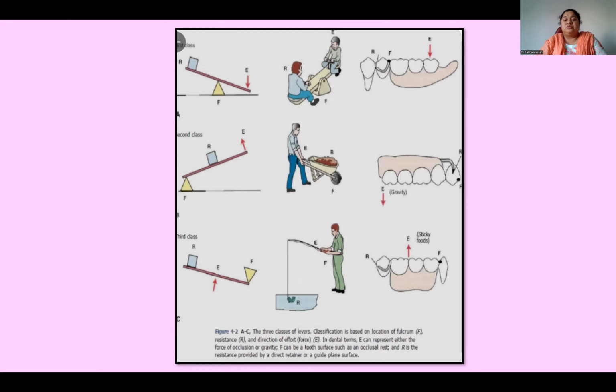So you cannot place it very near. Whatever prosthesis, it has to have a longer effort arm, from a distance. It should not be towards the fulcrum. It should be away from the fulcrum so that the dentures are not dislodged easily, and while removing, you are able to remove with less effort. That should be the concept.